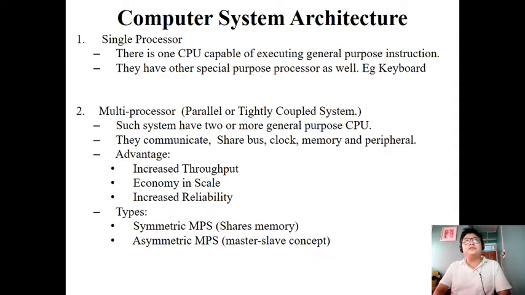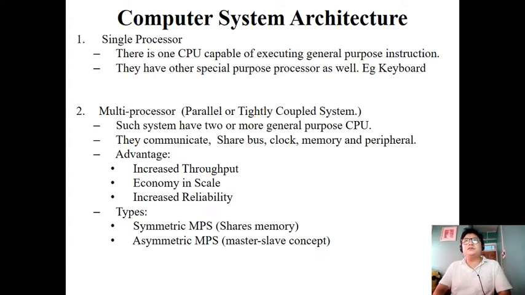Based on the architecture, there are two different kinds of computer system: single processor and multiprocessor. In a single processor system, there is only one CPU in the computer system, which has the ability to execute one general purpose instruction.